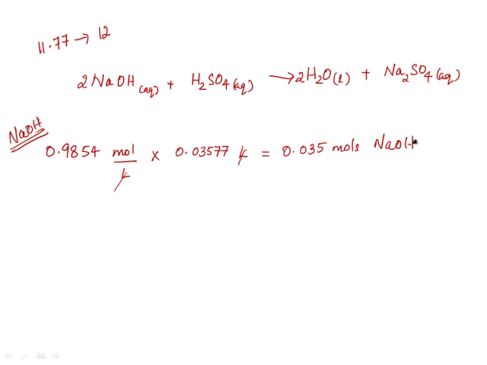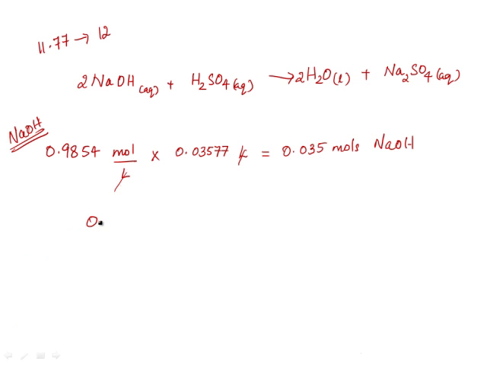Okay. Now we can go back to the balanced equation. What does it say? What is the mole ratio? 2 moles of NaOH will need 1 mole of H2SO4. Right? If you have 0.035 moles of NaOH, how many moles of H2SO4 do you need to neutralize? What do you do with the 2? Okay, let's do it by the mole ratio.